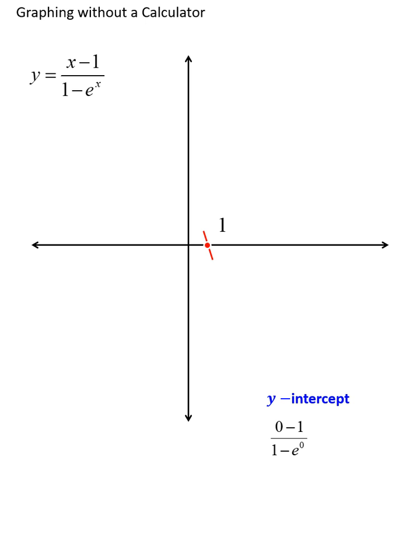Y-intercept is found by plugging in 0 for x. If you work this out, you should get that it doesn't exist. Why? Because the denominator is 1 minus 1, or 0. So when x is 0, the function doesn't exist, and therefore there's no y-intercept.